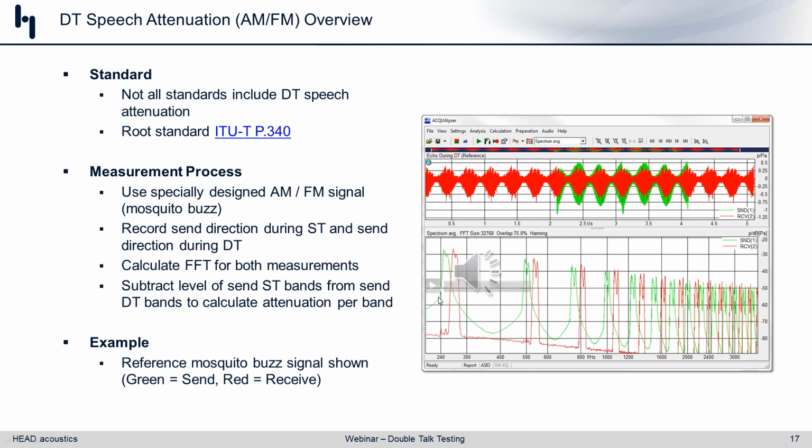But as you can see from our spectrum below, the frequency content from the hat's mouth in green versus the frequency content from the far end is slightly shifted. That allows us to do some pretty cool analysis in the frequency domain to check for not only attenuation, but also echo. So let me very quickly play this for you, just so you get a sense of what that sounds like. And we can go look at the analysis.